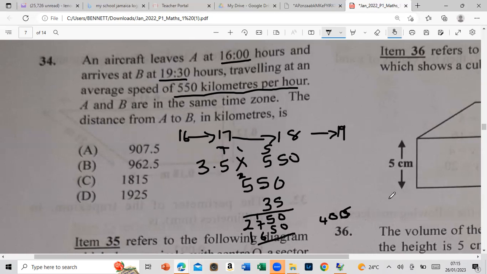Oh, guys, then I'm multiplying correctly, so right. 550 plus 550 plus 550, and then half of that.